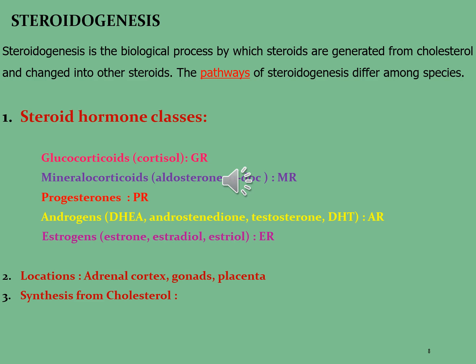All these hormones are produced in the adrenal cortex, gonads, and placenta, with some steps in the mitochondria, and all these hormones are synthesized from cholesterol, meaning the basic precursor for the synthesis of these hormones is cholesterol.